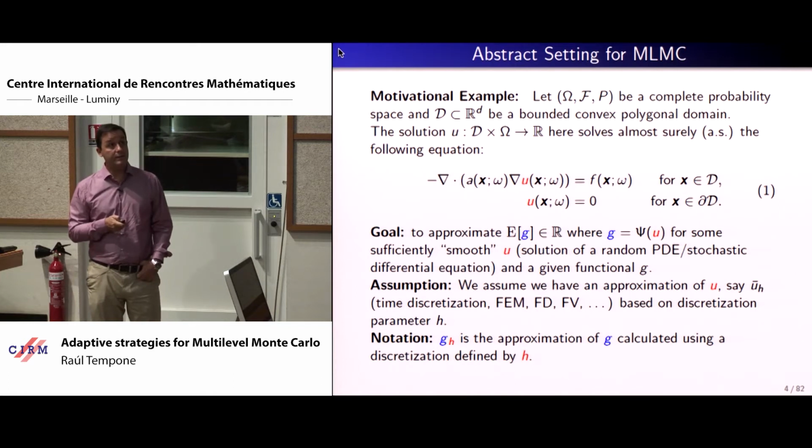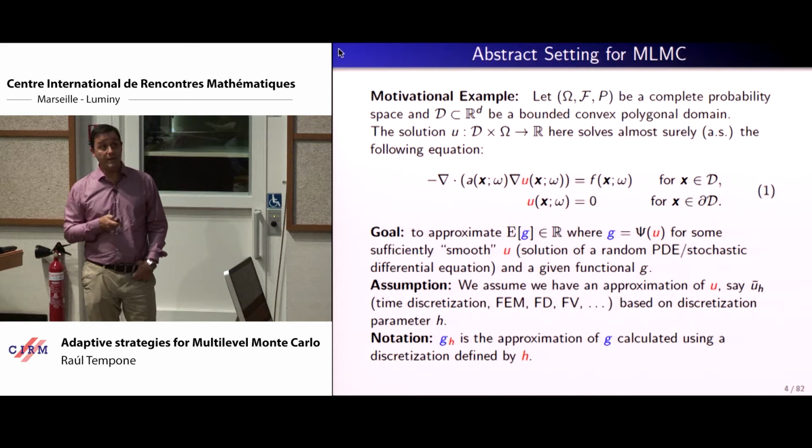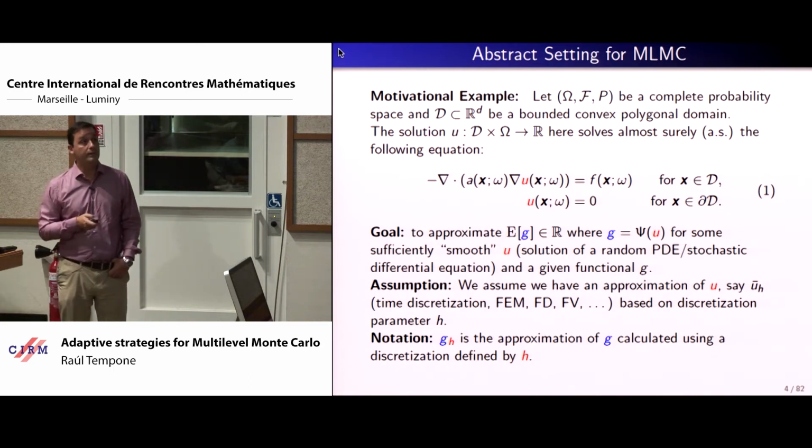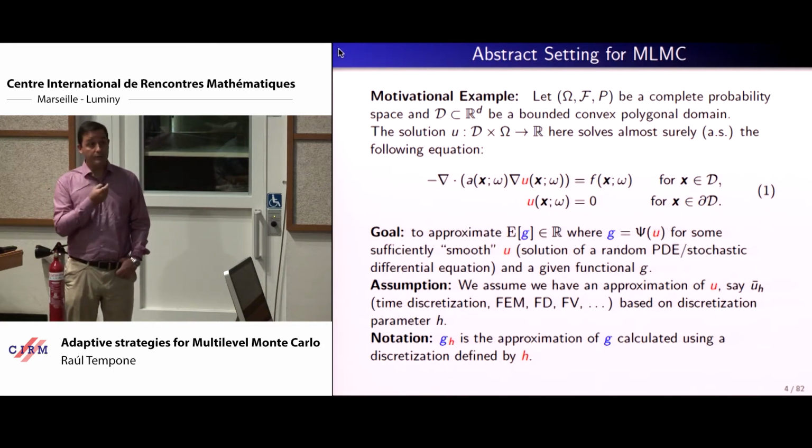Again, as an example in this lecture, I'm going to go through the computation of the expected value of a functional of the solution, here depicted by psi of U. Psi could be linear or nonlinear. We have some restrictions on smoothness on psi, but for the moment, think of a linear functional that is deterministic acting on U. Again, this is not the only thing that you can compute with multilevel Monte Carlo, but this is the one that we will be focusing on mostly through the lectures.